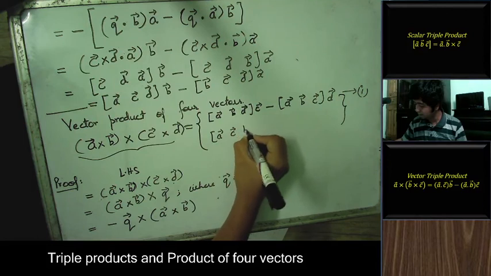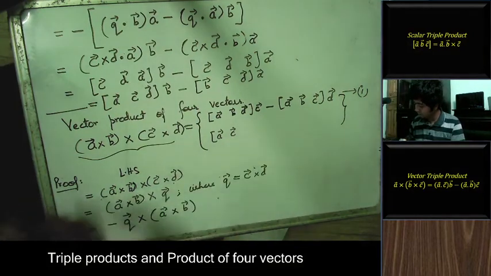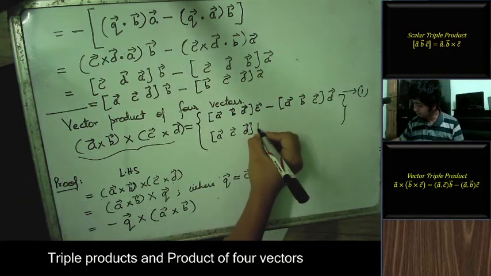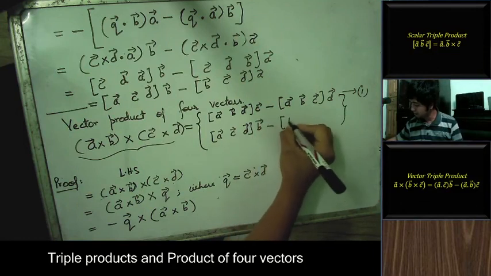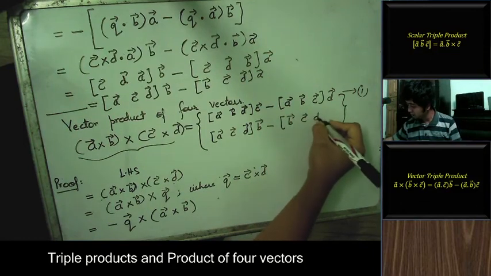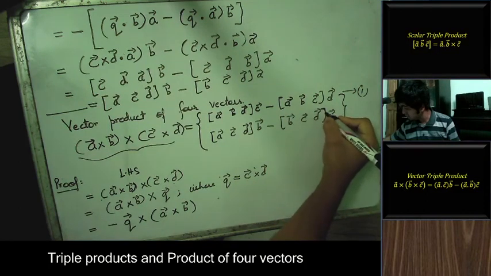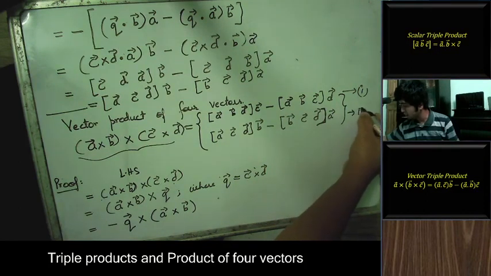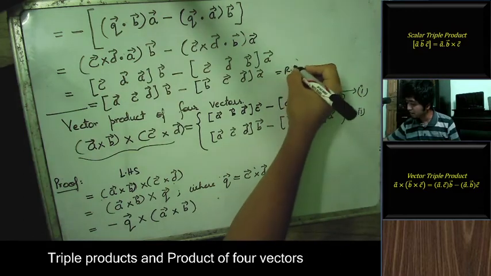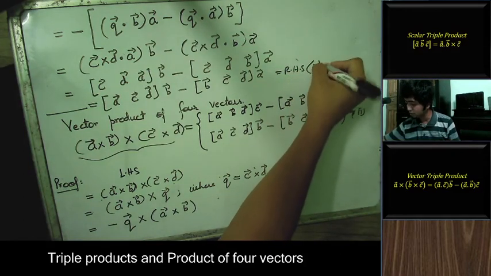ACD B minus BCD A. This one is formula number 2. So this one is equal to the right hand side, number 2.